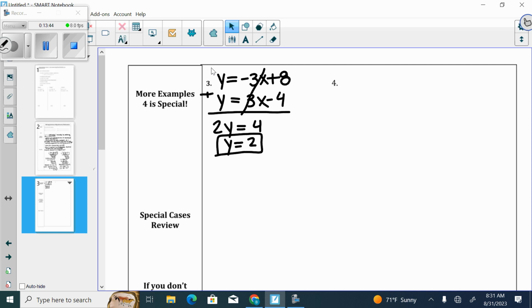All right, so we got y, now we need x. So we need to go substitute back into one of these originals. Which one should we use? Second, okay. So we'll have, in place of y, 2 equals 3x minus 4. What are we going to do first?